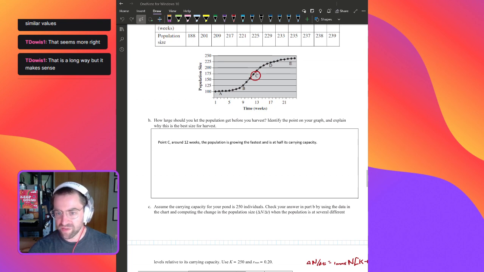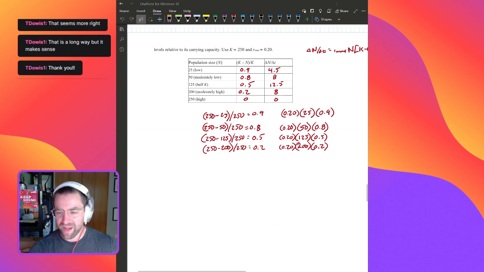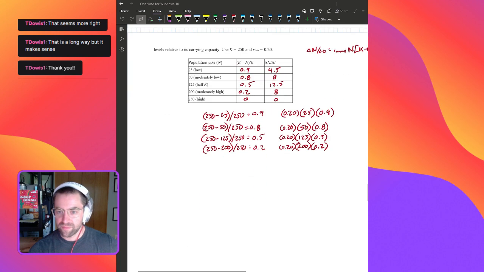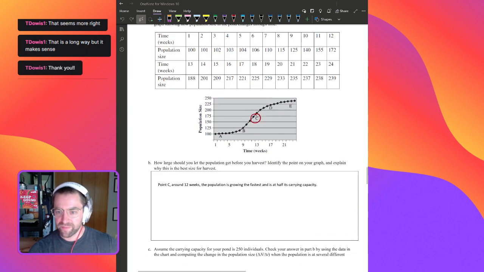And B and C was 175. We don't have a lot of values between 125 and 200, but that makes sense. Yep, that makes sense. Anything after 170, it should be decreasing again.